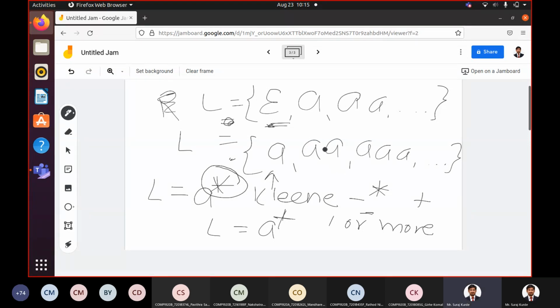So you have seen these examples. This is what a regular expression is. Instead of L, we write RE equals a star, then RE equals a plus. This is the expression for the given language.